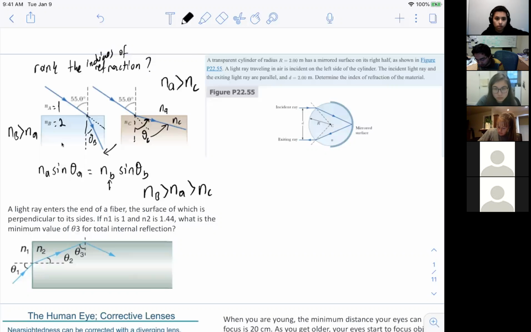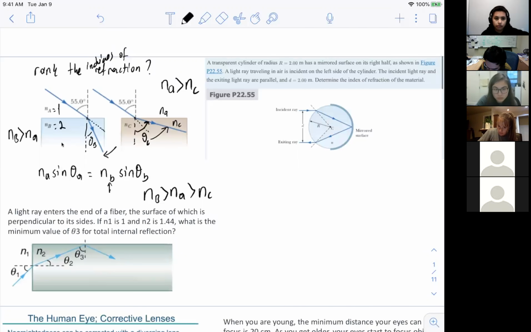If N1 is 1 and N2 is 1.44, what's the minimum value of theta 3 for total internal reflection? What's the criterion for internal reflection? Let's say you have N1 sine.